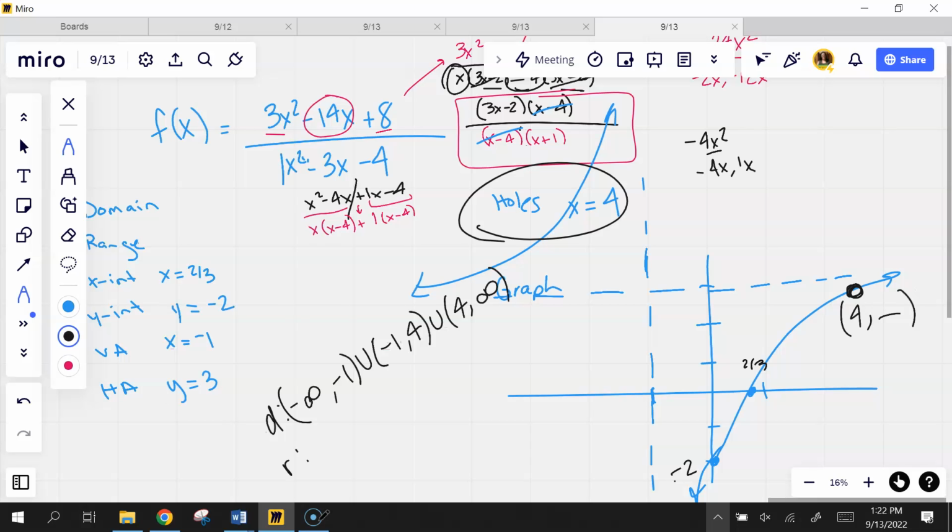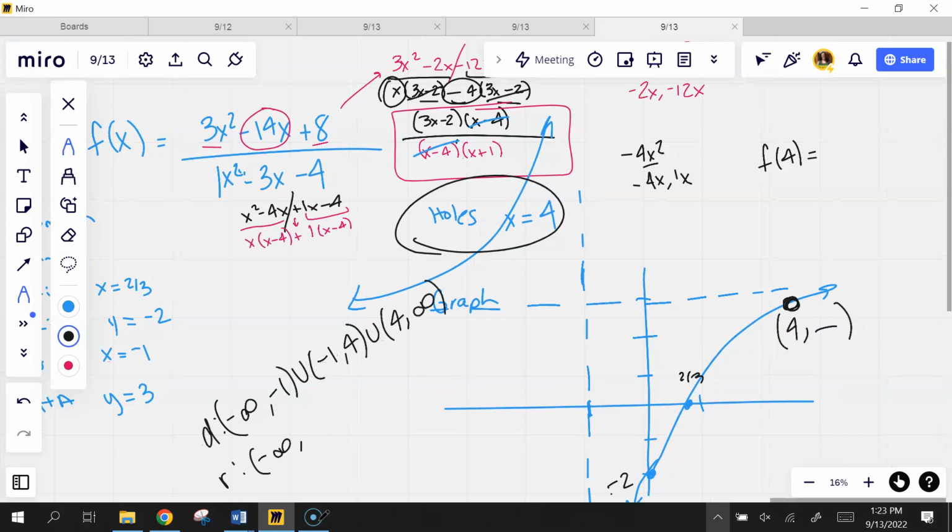My range is going to go from -infinity up to, I need to find that because that's the first thing I leave off. So how am I going to find that part of the hole? F of 4 means plug 4 into your equation. But I'm going to use the easier equation.